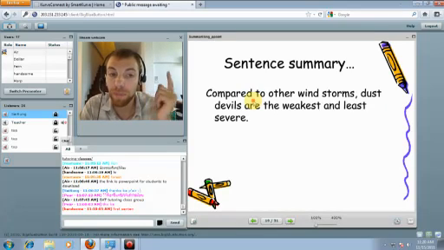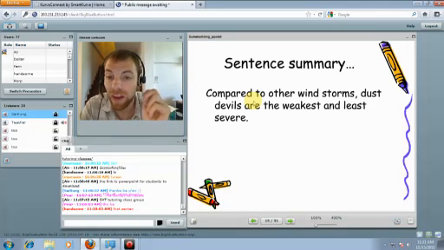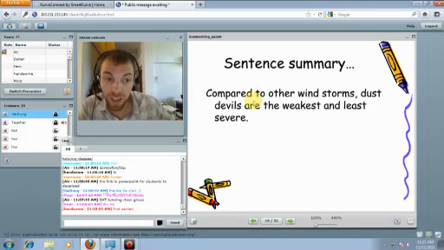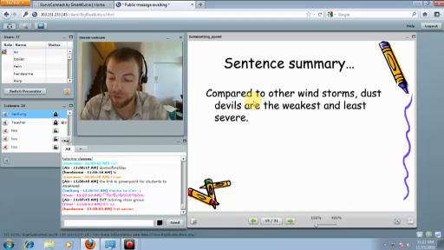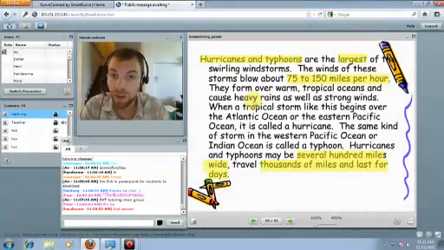We're talking about many different kinds of windstorms. And of all of the storms, dust devils are the weakest. Not very strong. Not fun. Still not fun, but not as dangerous as some of the other ones.